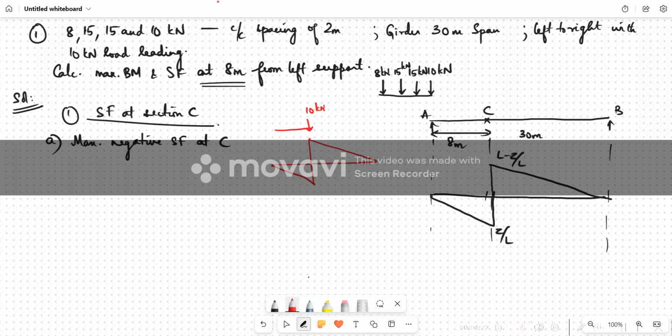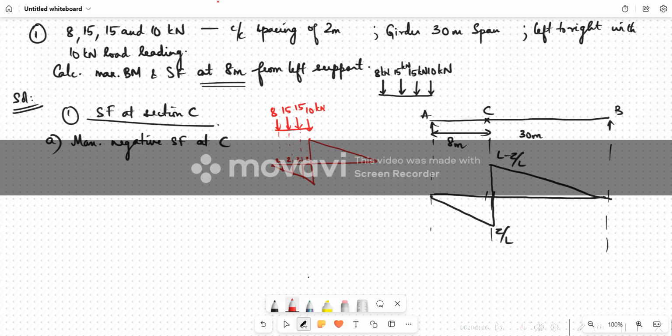And then after 2 meters, there is the 15 kilonewton, another 2 meters, 15, and finally 8. So these are all 2-meter spans, and you have the corresponding ordinates here.